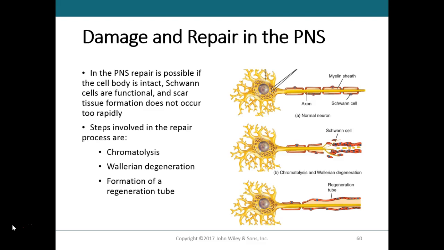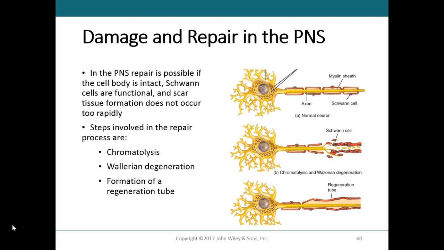Now, following all of this, signs of recovery may become evident. So macrophages can come in and start to clean up the debris. New RNA and proteins start to accumulate, which gives us new building material. The Schwann cells on both sides of the injured area start to multiply by mitosis and grow toward each other, and this can form a regeneration tube across that area.